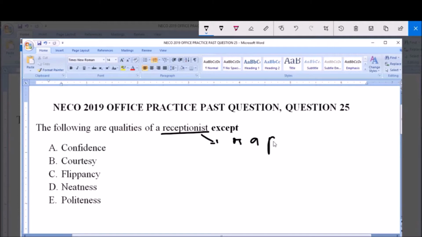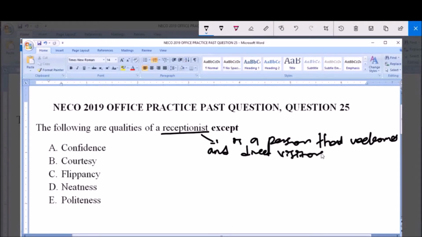that welcomes and directs visitors in an organization.